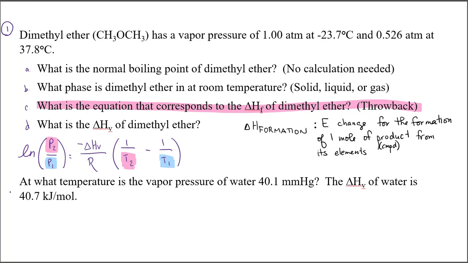And then question number 2, at what temperature is the vapor pressure of water 40.1 millimeters of mercury? The delta H of vaporization of water is 40.7 kilojoules per mole. So that's another place that you're going to need the Clausius-Clapeyron equation. And just in case you have forgotten, there are 760 millimeters of mercury in every 1 atmosphere.